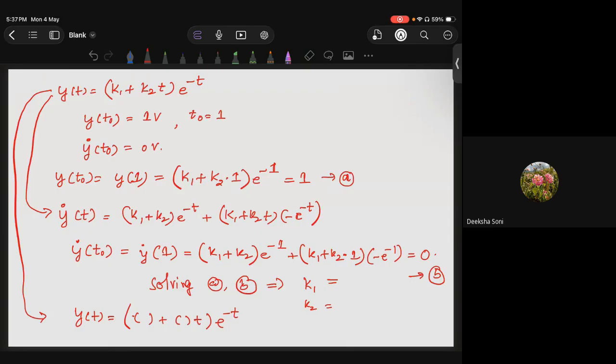So once you have this, the final answer, substitute t is equal to 2. Y of 2 you need to find. You're getting K1, K2 are 1. So 1 plus 1, please check, and this 2, then e power minus 2. That's your answer if you calculate it. Got it?